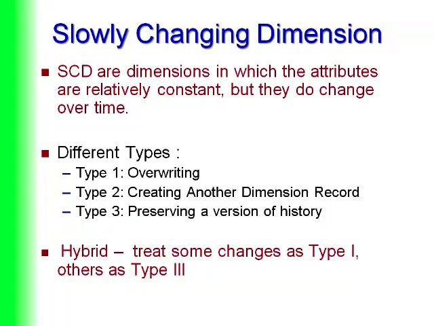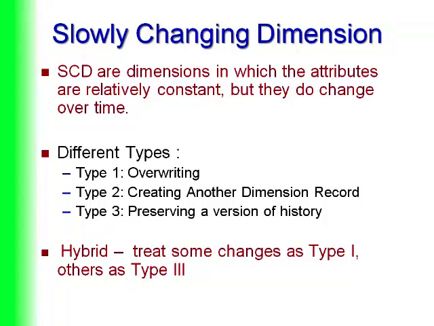They are termed as type 1, type 2, type 3. In type 1, we overwrite the previous values. So this we call a slowly changing dimension of type 1. In type 2, we create an additional time-stamped dimension record, or we can automatically partition the history.